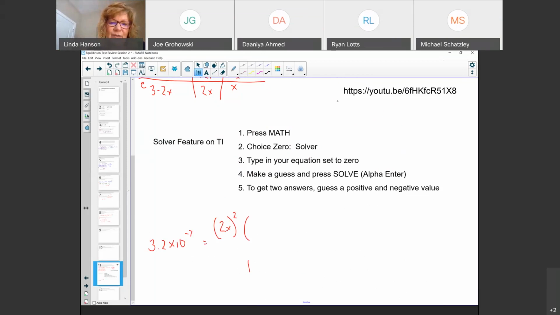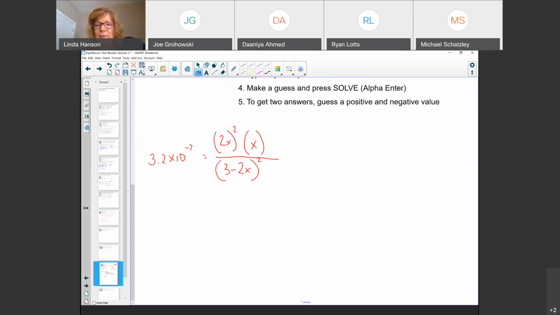The sulfur was X at equilibrium, and 3 minus 2X was hydrogen sulfide, and based on its coefficient, it also had to be squared. This is probably one of the more challenging ones, simply because we've got some higher X values than normal. Let's go slow through how I'm solving for X.